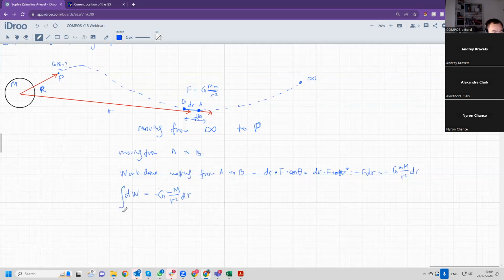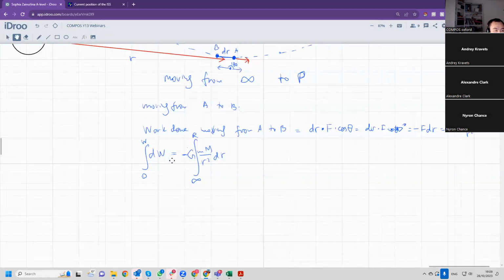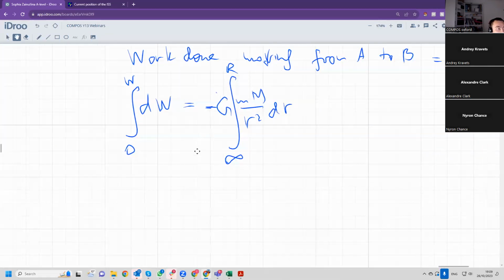Now we integrate this part. The work changes from 0 to W, and the distance changes from infinity to R capital. So we integrate this part.